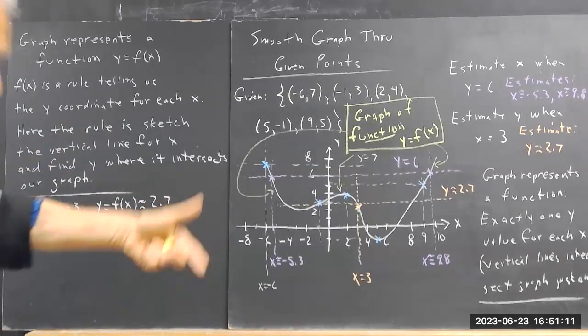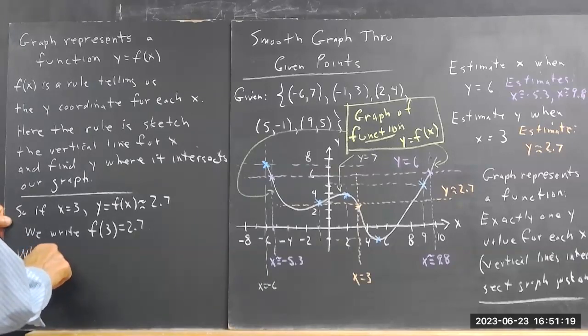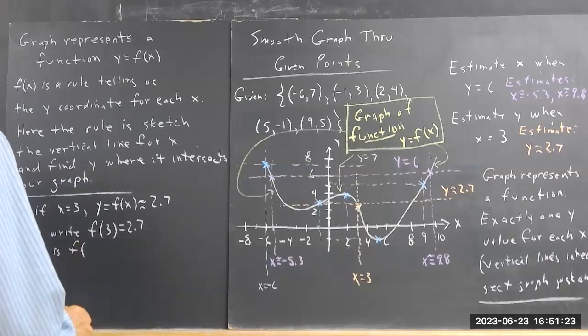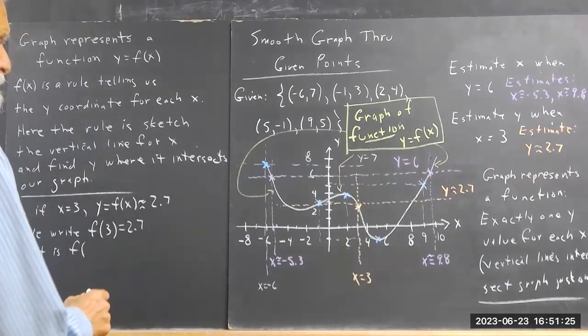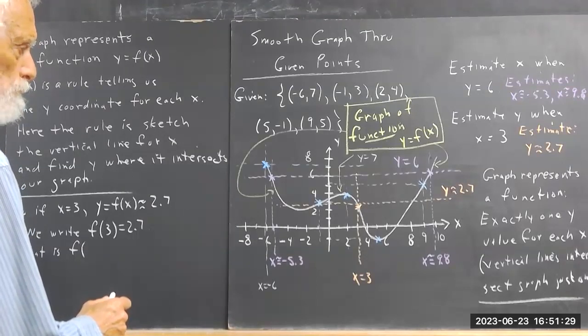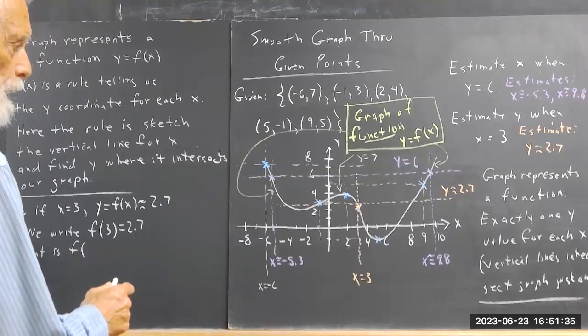Now we can make other estimates. So let's estimate, what is f of -3? Trying to find a good one that doesn't interfere too much with anything else in the graph.